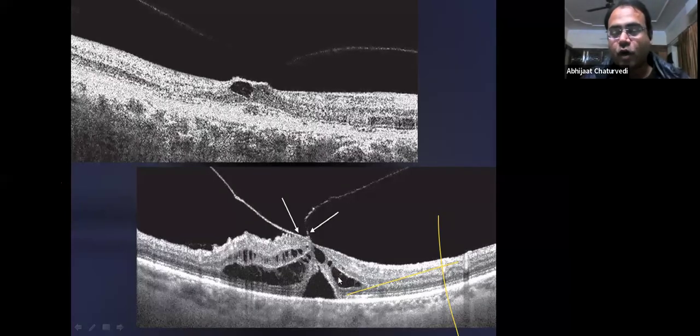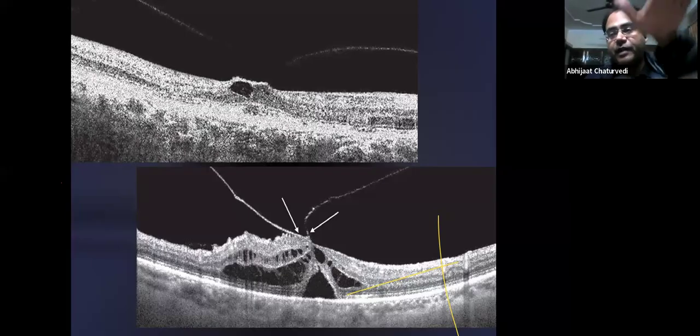What I would like to show you here, guys, is that this is not cystic edema. This is not intraretinal fluid. People many a times call this intraretinal fluid and they advise the patient to go for an injection straight away. However, if you observe these lines over here, there are striations in between the layers, which are suggestive of the fact that something is getting pulled.